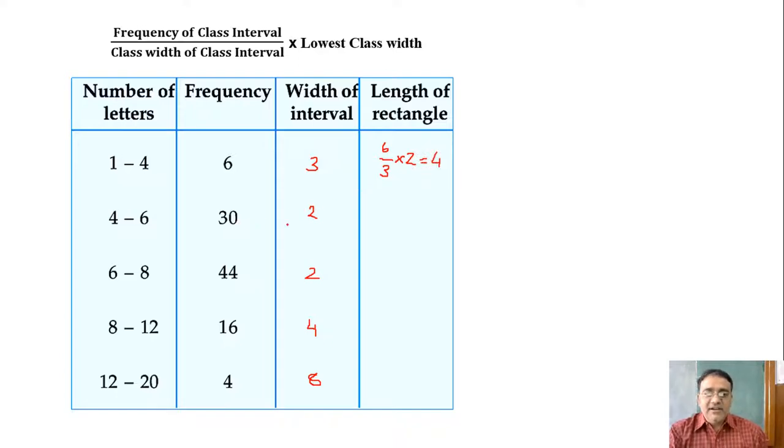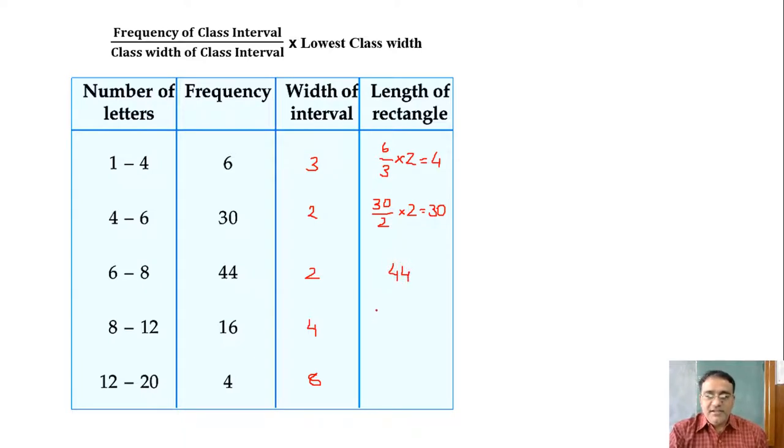Now next one, 30 by 2 into 2. 30. Yes, 30. And this will also come the same, 44 upon 2 into 2, we will get 44.